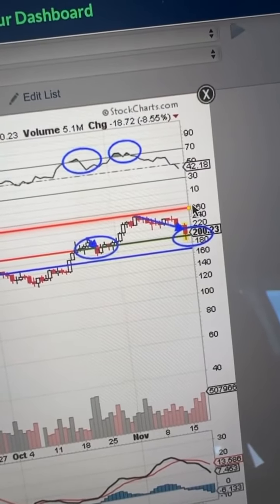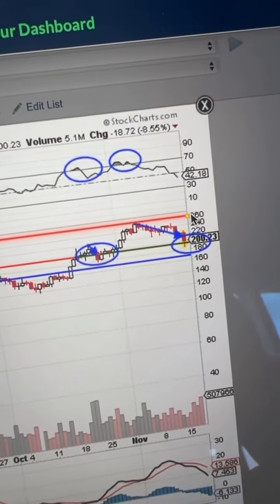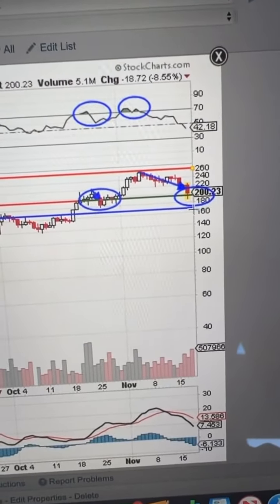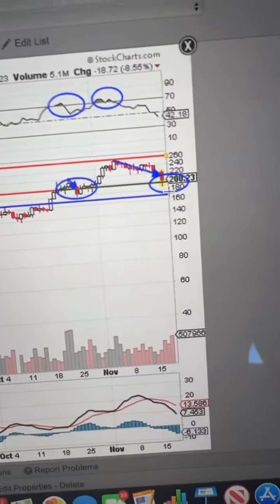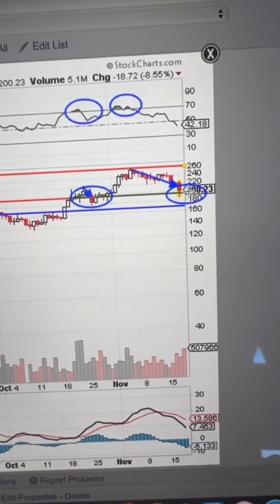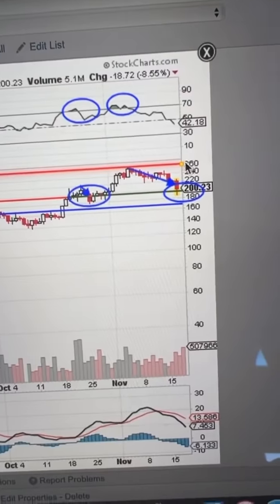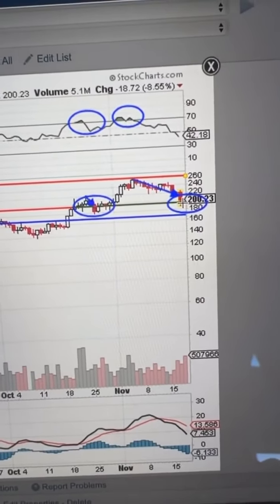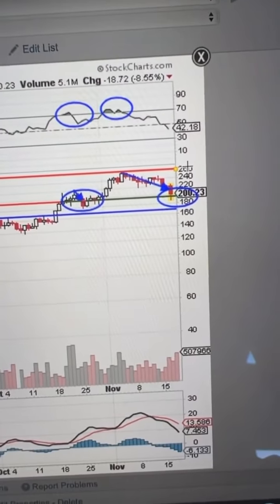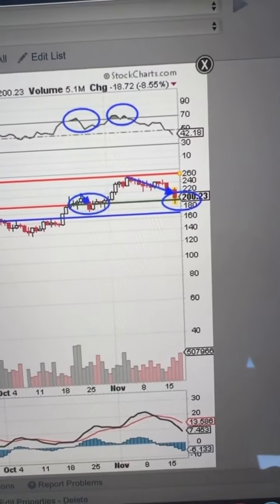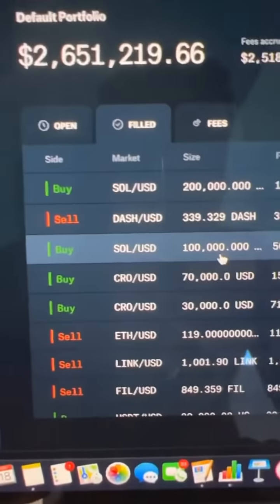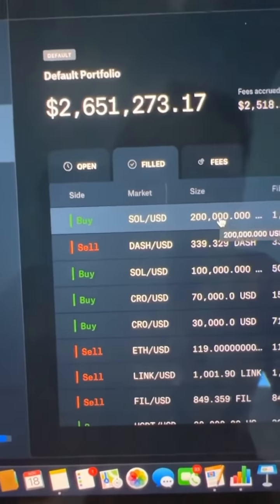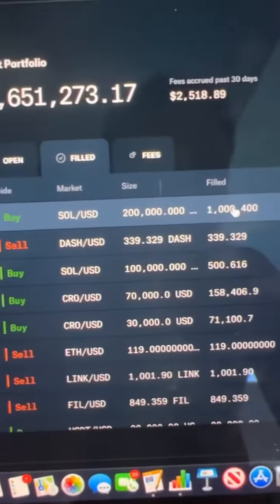So at this point, one of two things is going to happen. It's going to fall and I'm going to buy some more at a cheaper price to lower my average price, or it's going to run back to where it fell from, which is 260. So in that case, I can make $60 per coin, and I have $100,000, $200,000, so I have 1,500 coins, right?